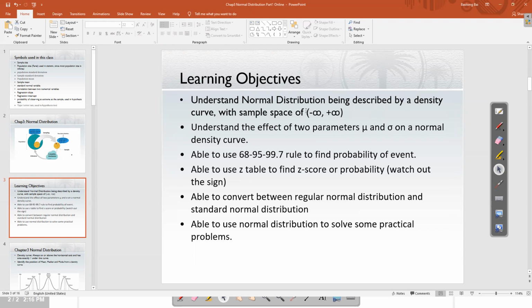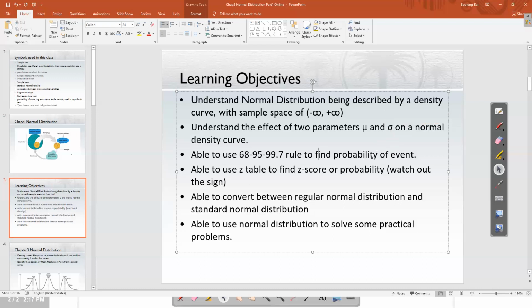But the sample space of normal distribution is from negative infinity to positive infinity. Okay. And then normal distribution has two parameters, mu and sigma. So I would expect you guys to understand how mu and sigma will affect the distribution. So basically, how would the density curve change when you modify mu and sigma?